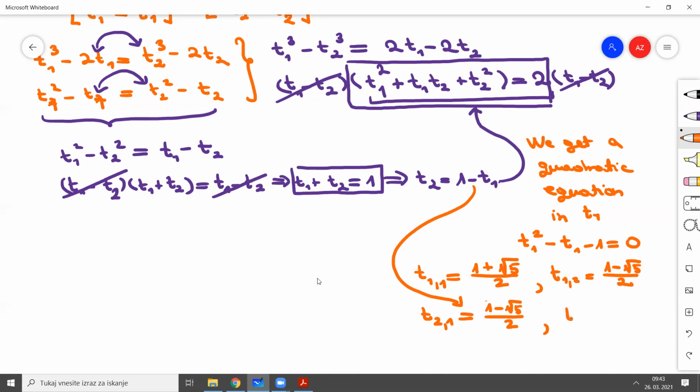And T2,2 is then square root of 5 minus 1 over 2. Actually, so 1 plus square root of 5 over 2.